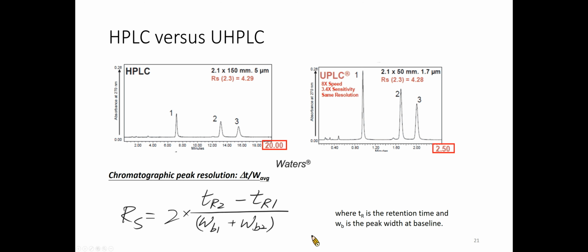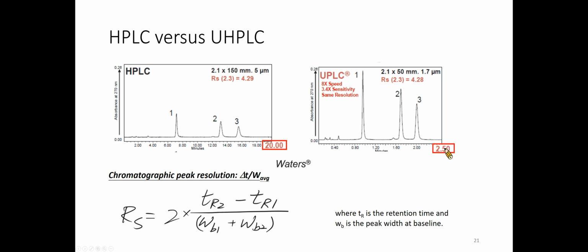Using UHPLC can drastically enhance the chromatographic separation. For example, to achieve a peak resolution of 4.29 between peak 2 and 3, the total runtime is 20 minutes when using the HPLC column. However, the total runtime is significantly reduced to 2.5 minutes, while achieving the same peak resolution when using the UPLC column.